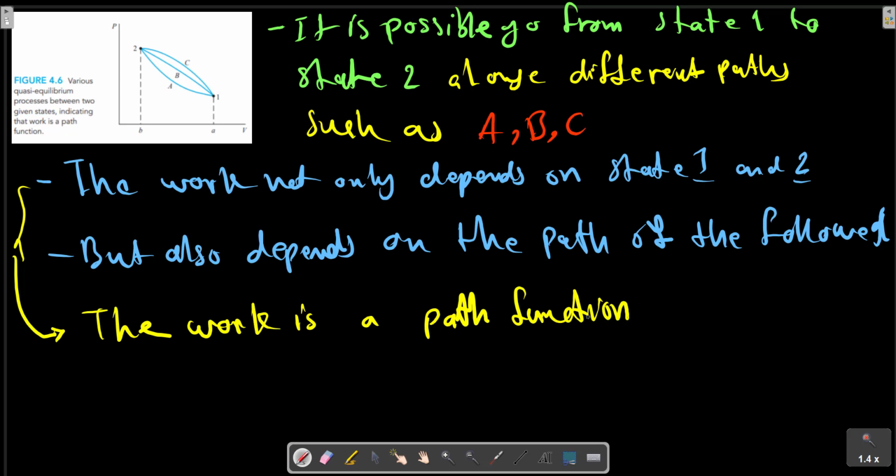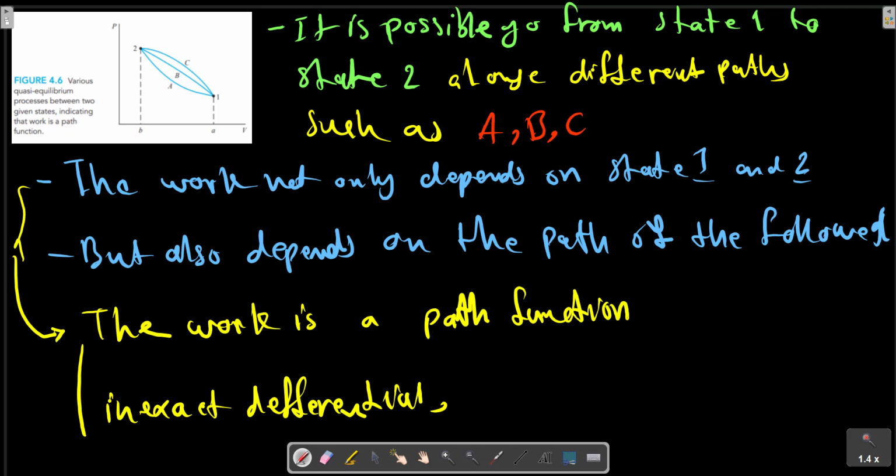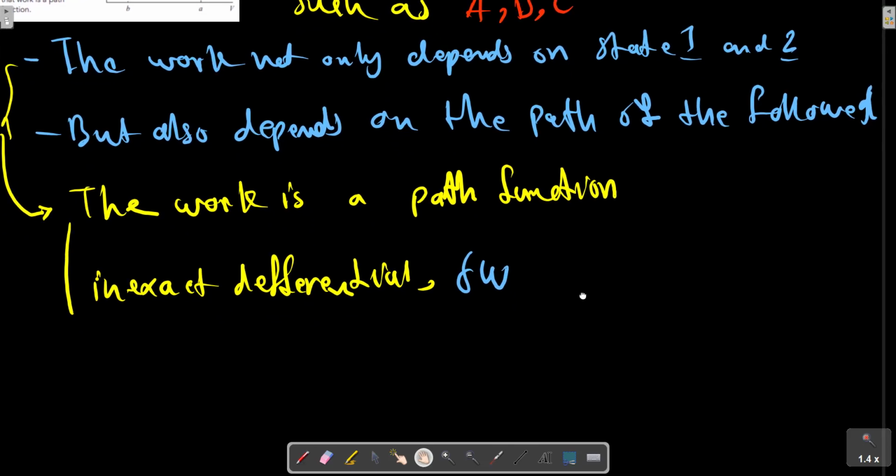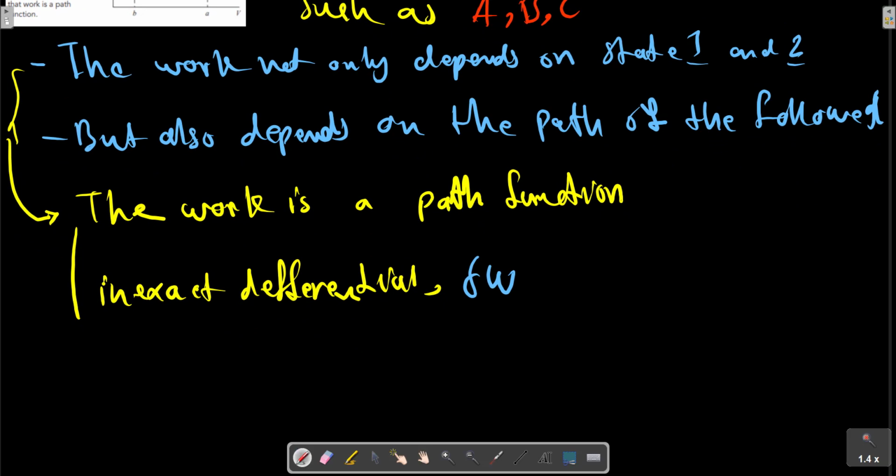In mathematical parlance, we have an inexact differential, for example delta W. Path functions are inexact in mathematical terms.